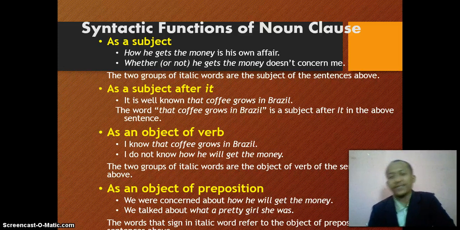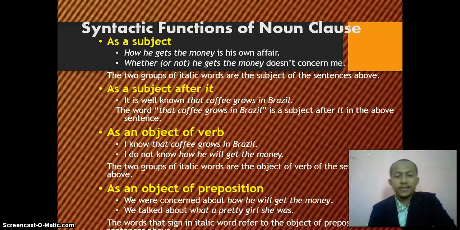Fonda is, for example. We know about what a strong boy Rizal is. So this is an object of a preposition.